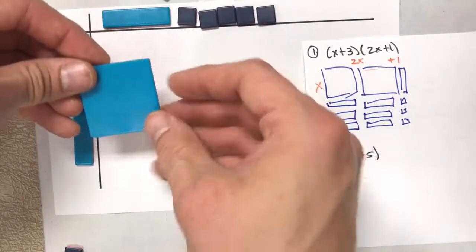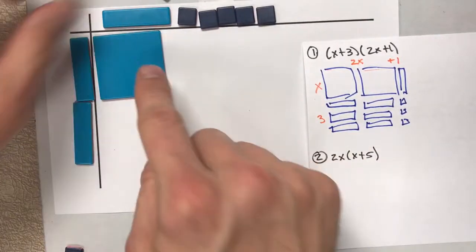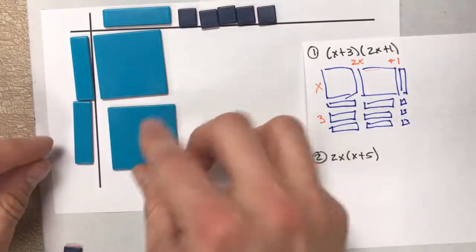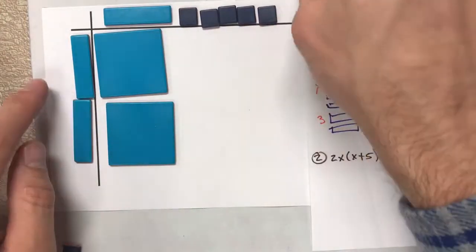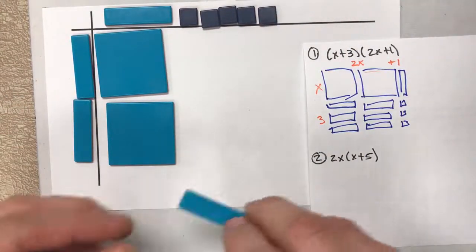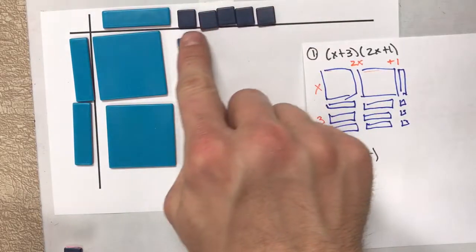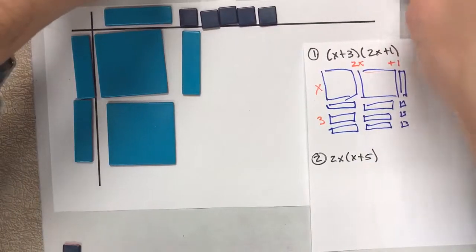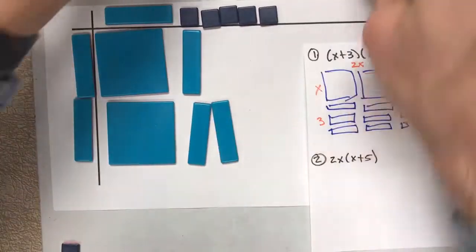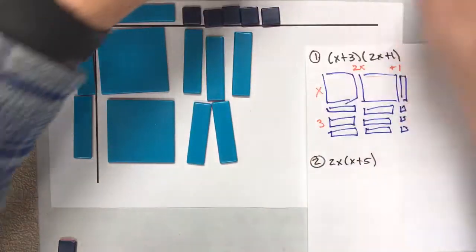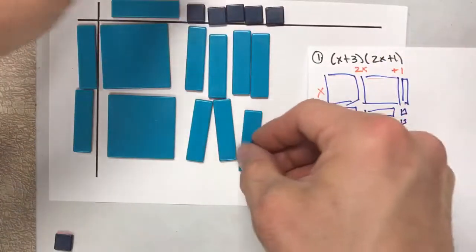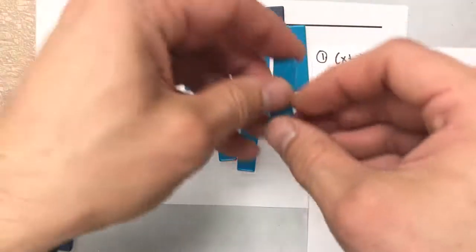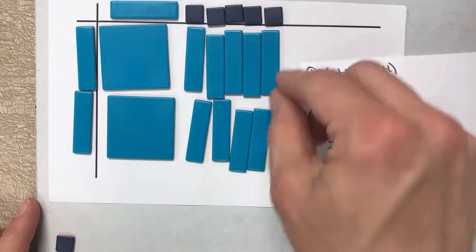It has to be an x by x length, which is an x squared, and another x squared for this. And again, you need to have those dimensions line up. So I can't put a 1 here because it doesn't match up with that x side, and so you have to put a bunch of x's all laying through here. This is how we would fill in the area of this particular algebra tile rectangle.